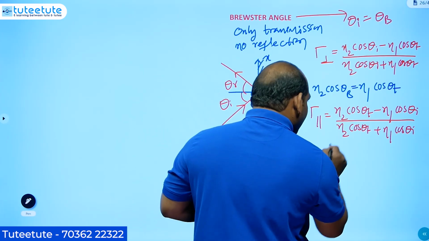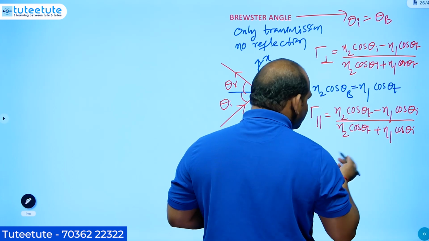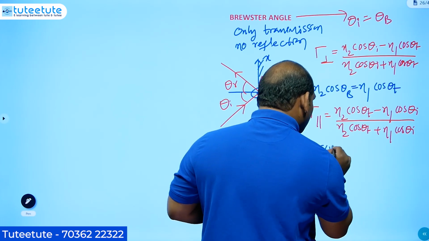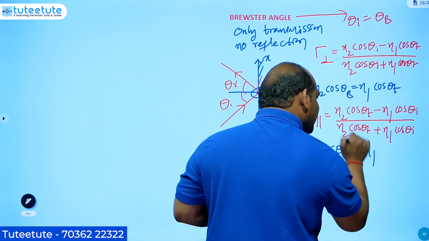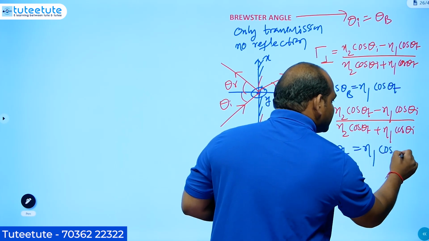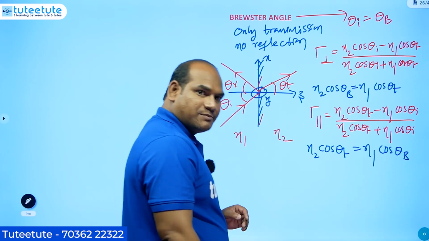At that time we can write this numerator is equal to 0. So eta 2 cos theta t is equal to eta 1 cos theta I. Because we are applying at Brewster angle, this theta I should be represented with theta b.